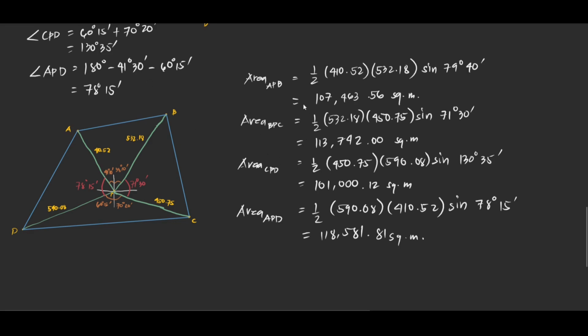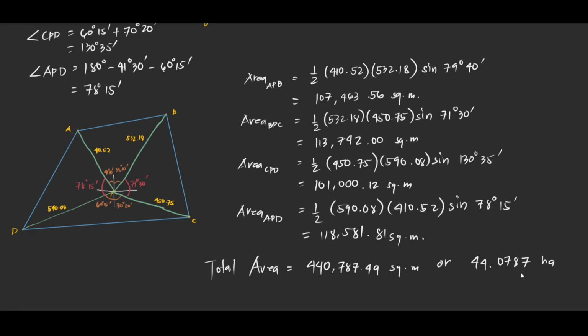Now it's just a matter of adding all of these areas. You'll get a total area of 440,787.49 square meters, or 44.0787 hectares.